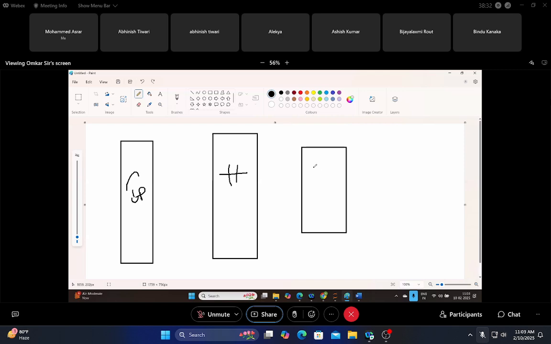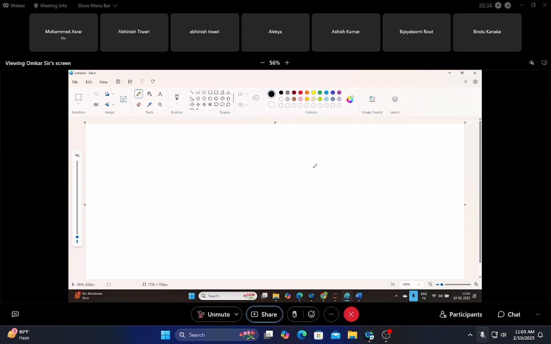Their main focus is on identifying this. Suppose the sentence is: the cat sat on the mat.